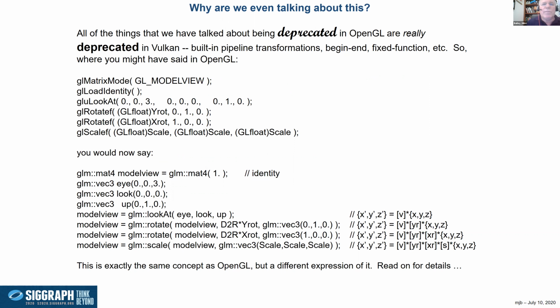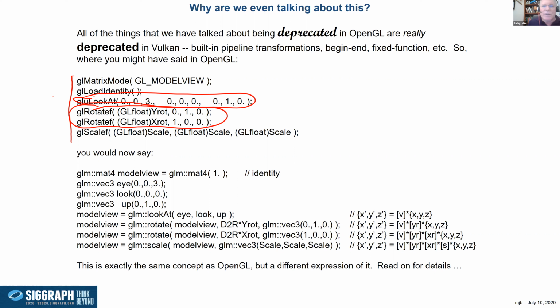Remember when we talked about the difference between deprecated and deprecated? I'm not going to repeat the voice thing. In pre-deprecated OpenGL, we had really nice extra helper functions like gluLookAt and glRotatef and glScalef.